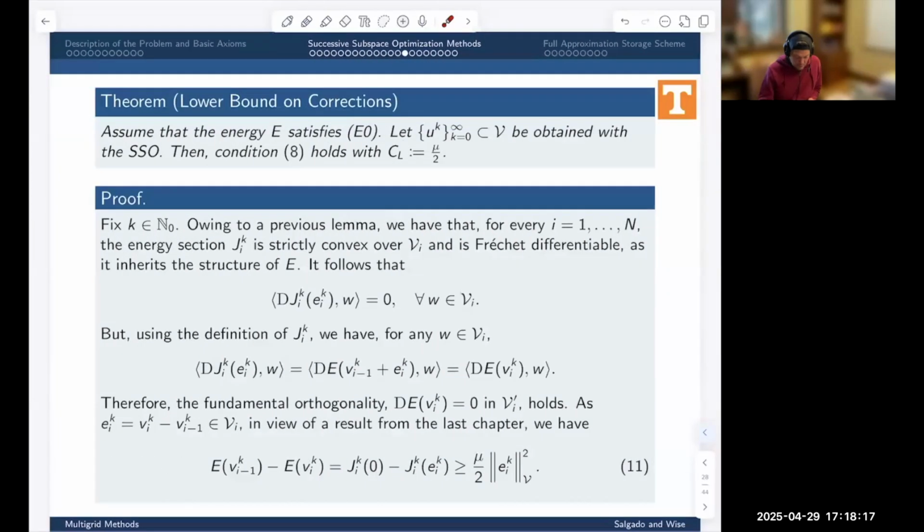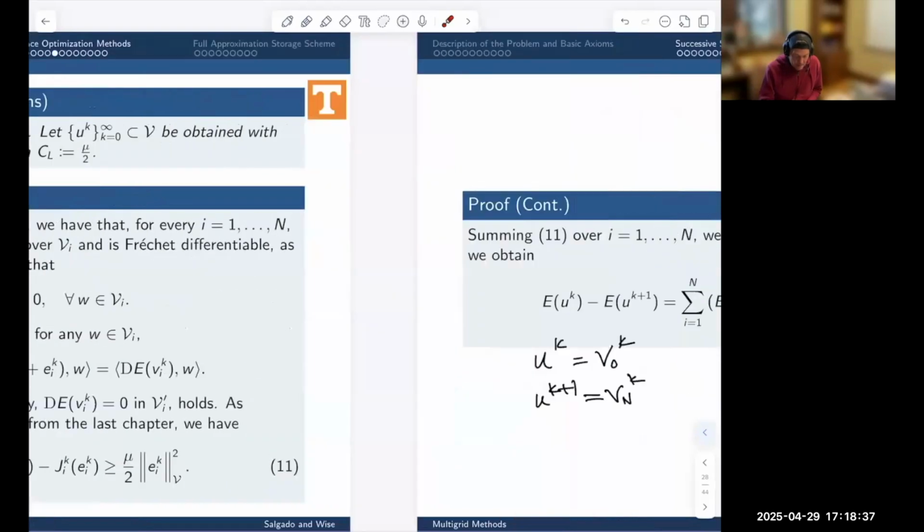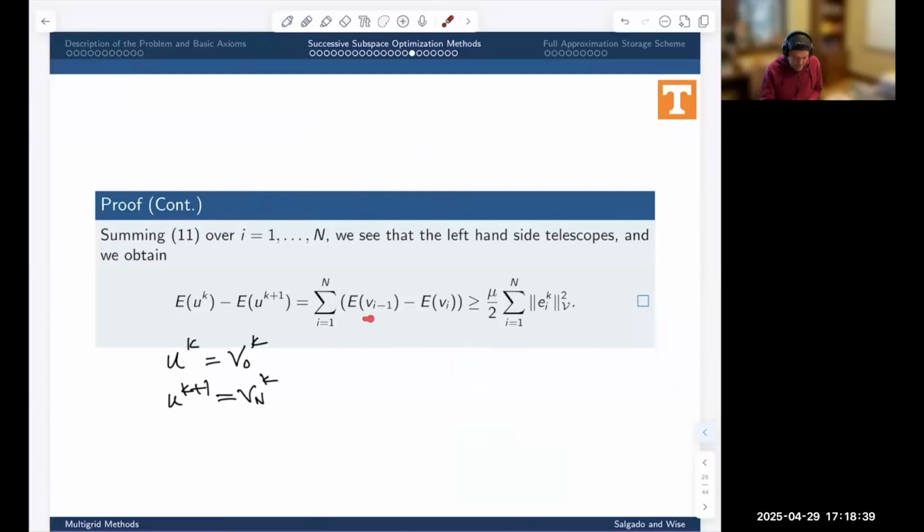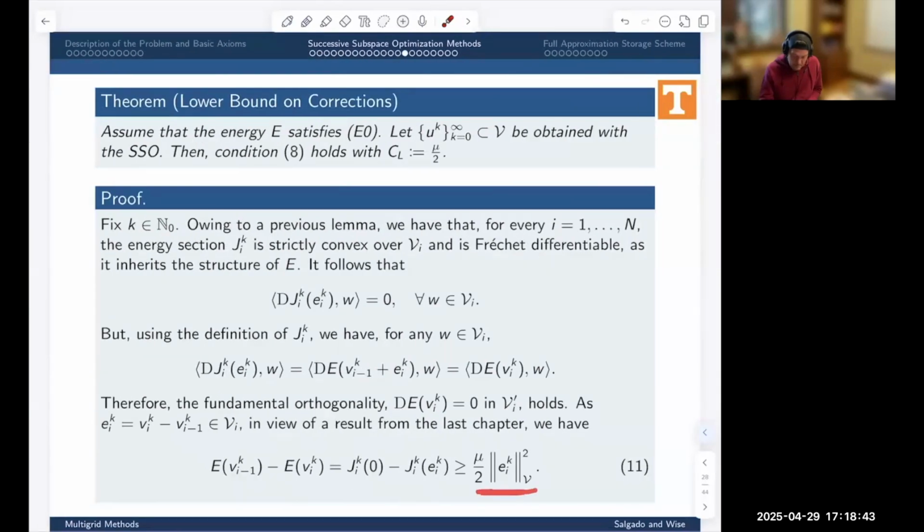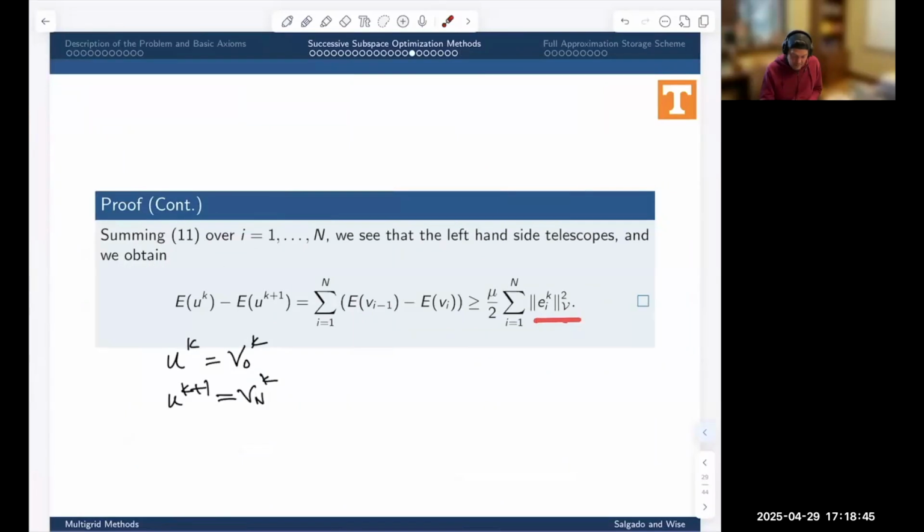Next, I'm going to realize that I can replace that by that, just from the definition, or realizing that each energy section is strongly convex. And so I'm able to replace each one of these by these differences here.